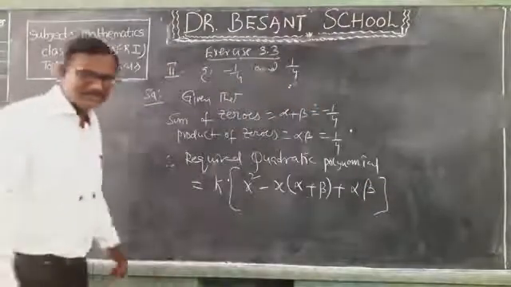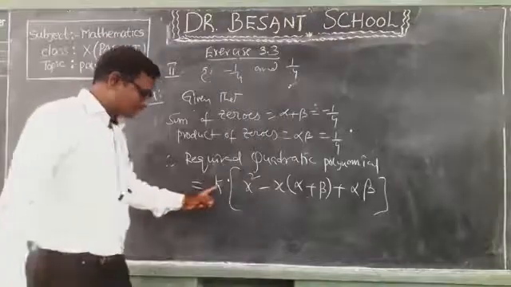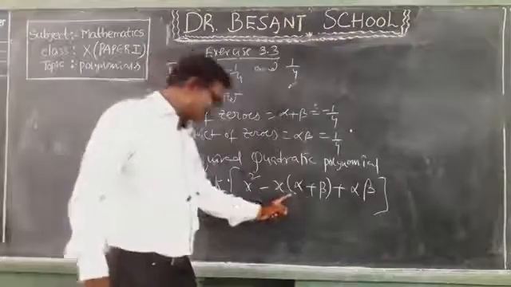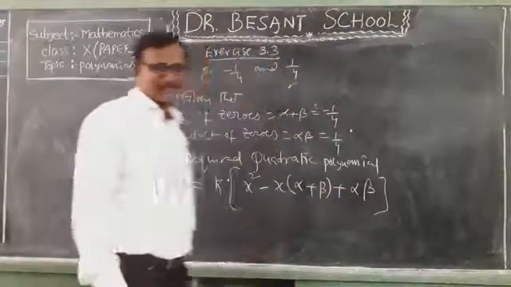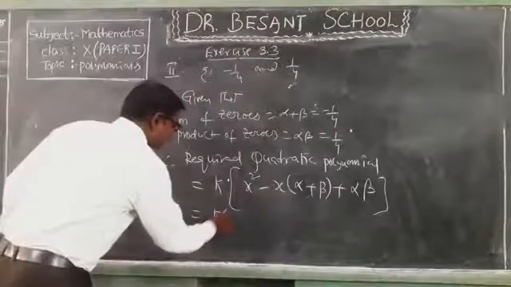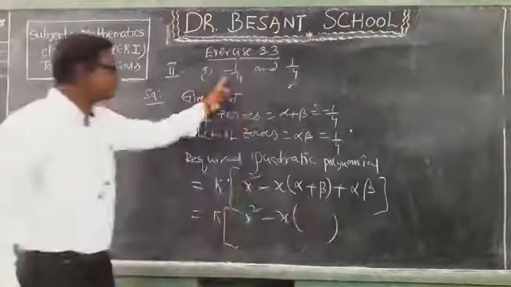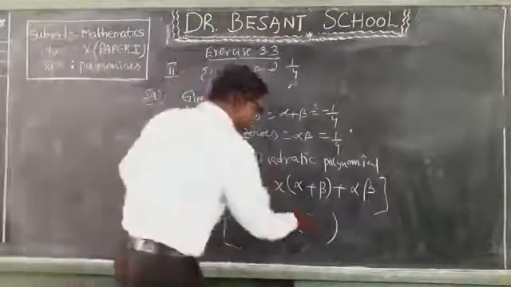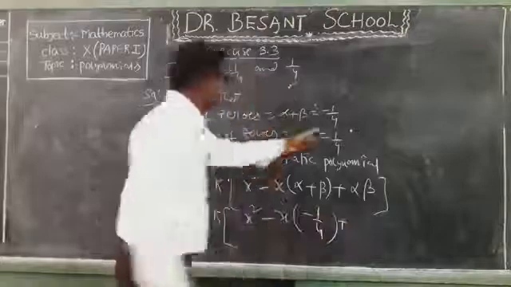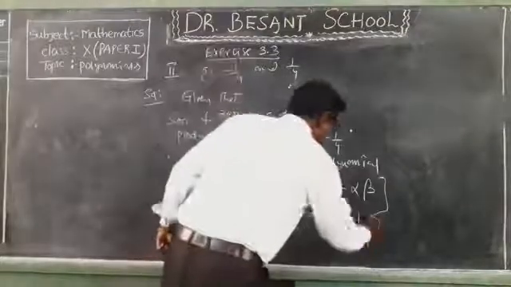Once again repeat along with me: k into x square minus x into alpha plus beta plus alpha into beta. That is equal to k into x square minus x into alpha plus beta, this first number, that is minus 1 by 4, plus alpha into beta, the second number, that is plus 1 by 4.